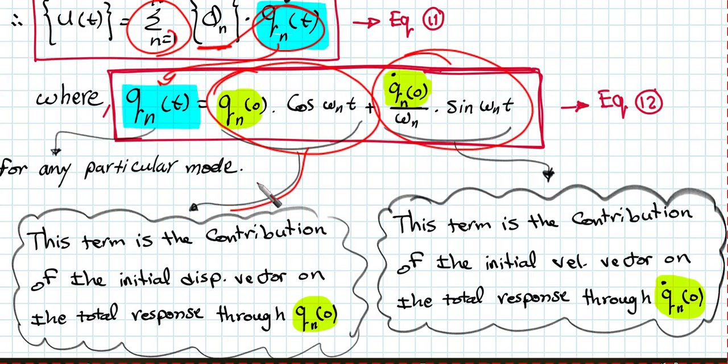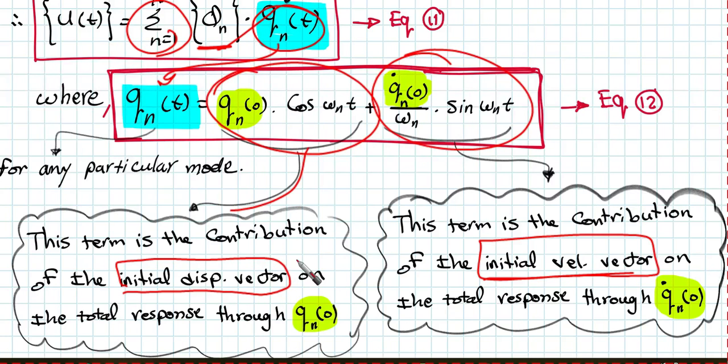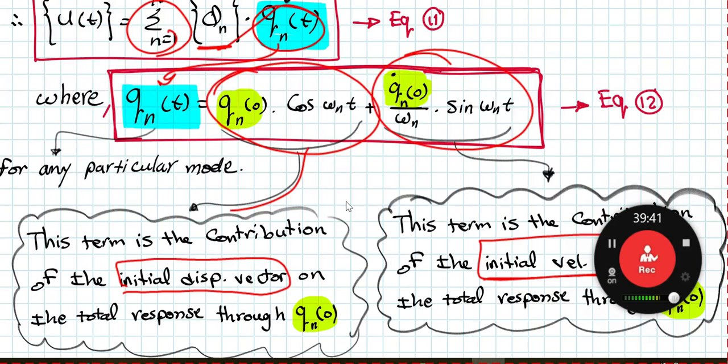One term takes into consideration the initial displacement vector, the other the initial velocity vector, as I have explained, and based on that we are going to solve our equation. How we are going to solve it, we are going to see in the next example.